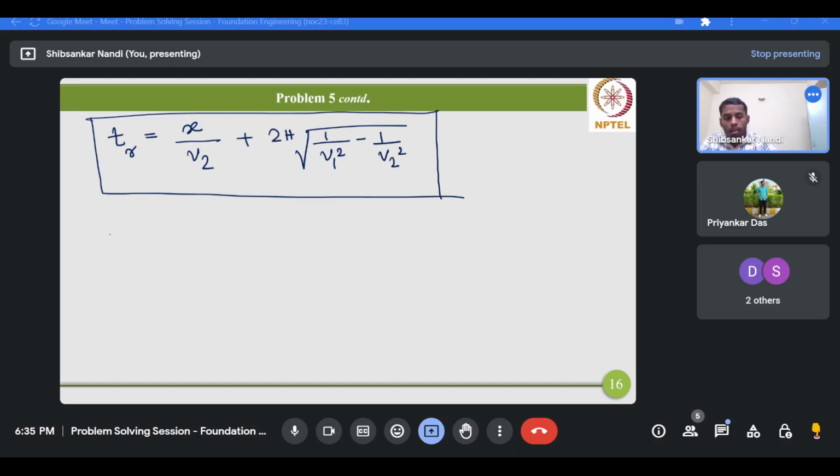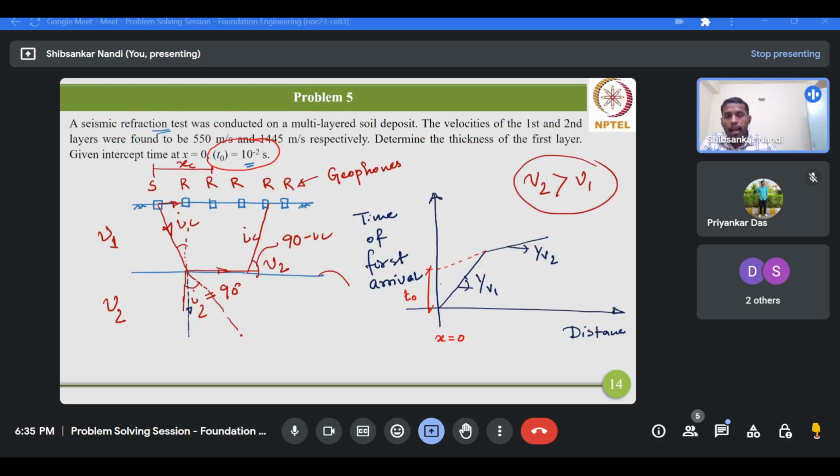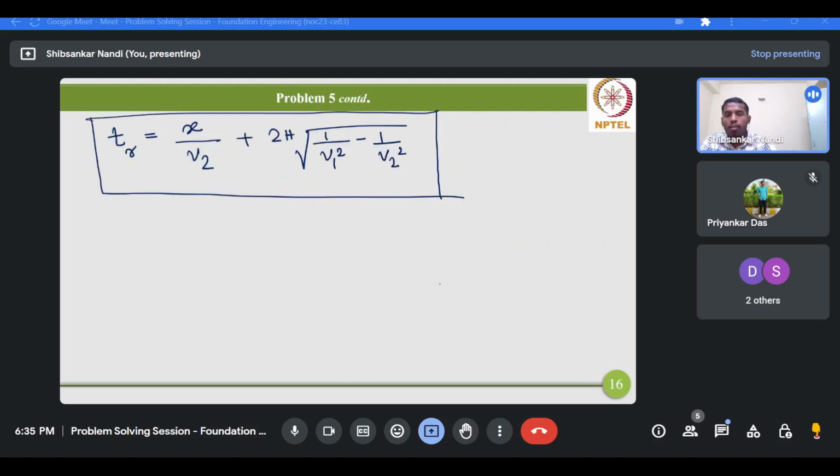Now as you can see, at x equals 0, this TR becomes T0.